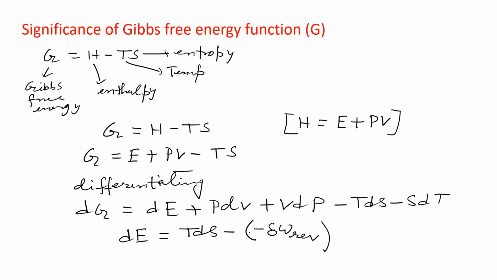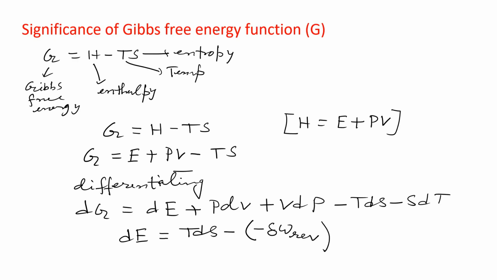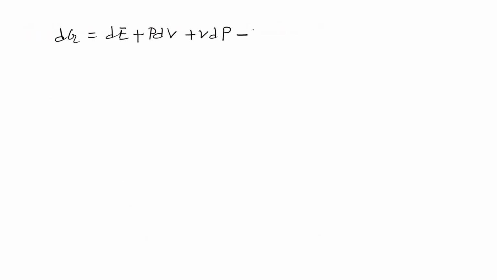So dG is equal to dE plus PdV plus VdP minus TdS minus SdT.